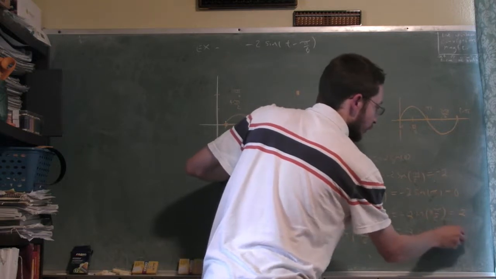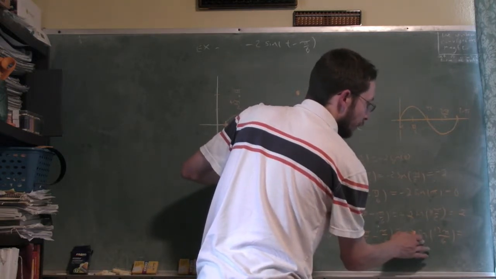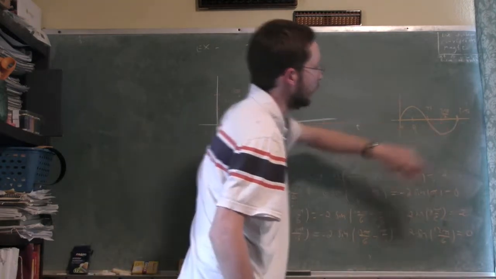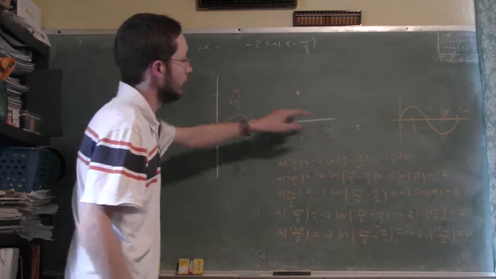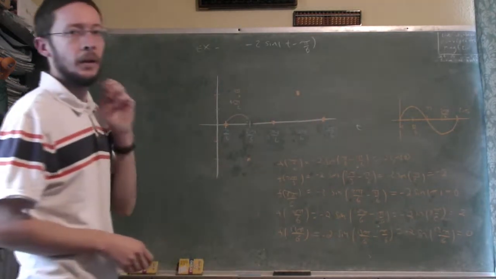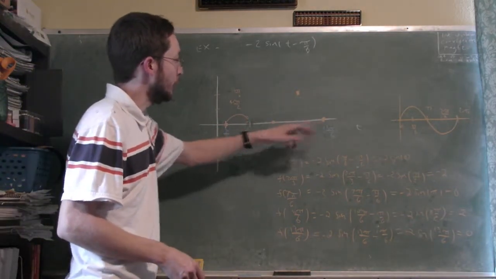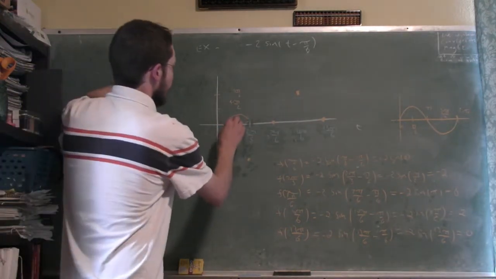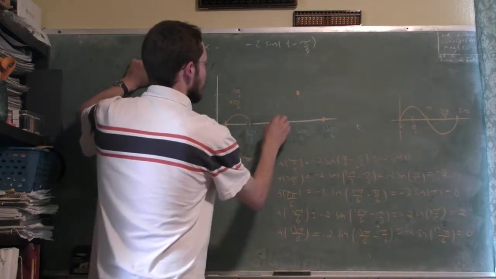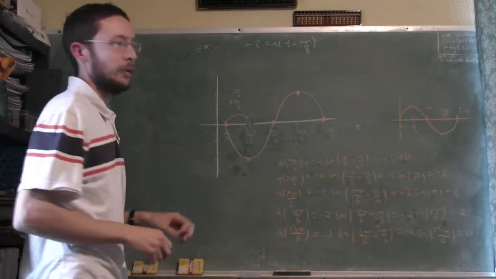And what is 12 pi over 6? That's just 2 pi. And what is sine of 2 pi? Sine of 2 pi is 0. Right? So at this point right here, we've got 0. And so we have the full cycle right here, the full period. And all we do, we just connect the dots. It goes down to the bottom, back to the middle, peaks, and back to the middle.